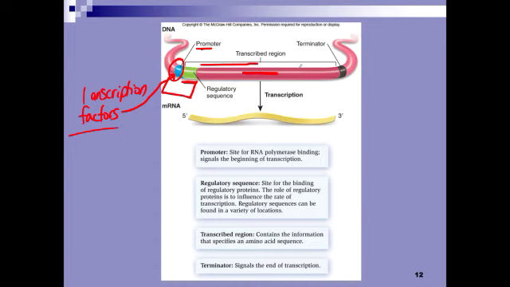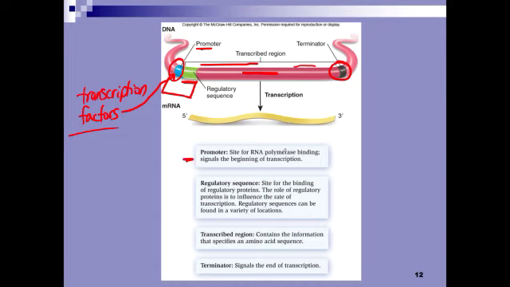And there's an enzyme that does that called RNA polymerase. And as that enzyme moves across, it reads the DNA sequence until it reads a sequence known as a terminator sequence. When it reads this terminator sequence, it's a very unique sequence, then the RNA polymerase molecule will fall off of the gene and transcription will no longer take place. And what's left is the RNA transcript.